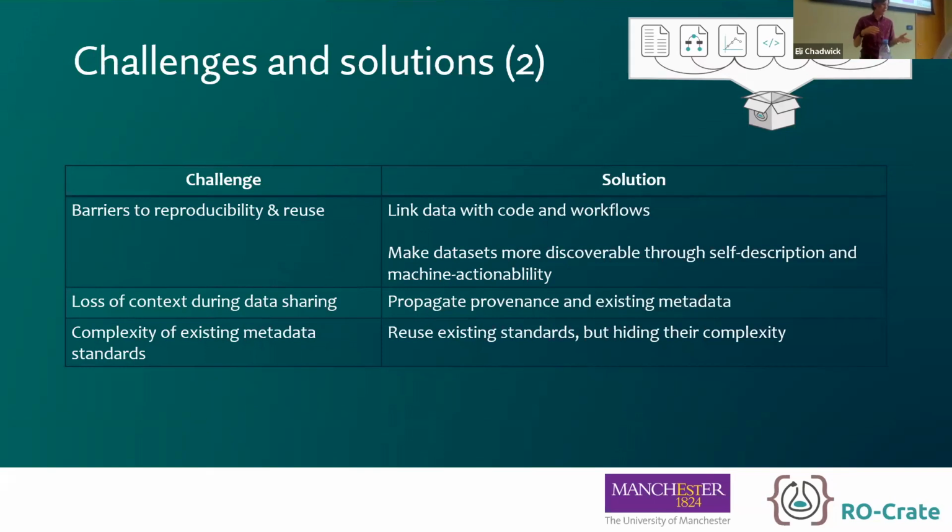So we focused on linking data to the code and workflows that were used to create it and analyze it, and making datasets more discoverable by making them self-describing, and then propagating that provenance wherever the data goes; the metadata should go with it. And we also wanted to reuse a lot of the existing standards and not build something completely from scratch and just invent yet another standard. Reuse what exists, but try to hide some of the complexity to make it more accessible to people who aren't really embedded in this kind of metadata space.